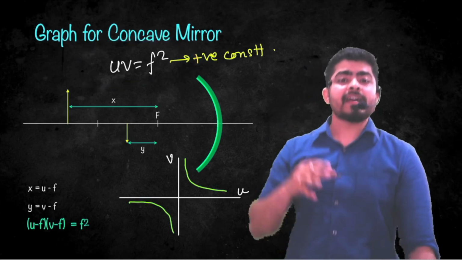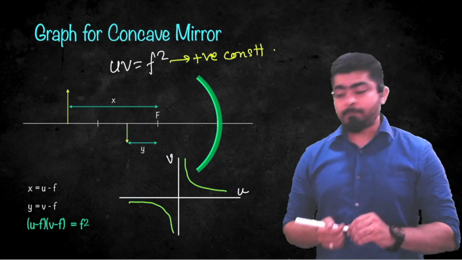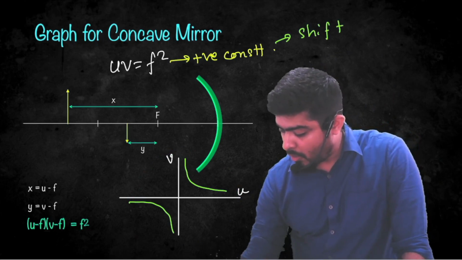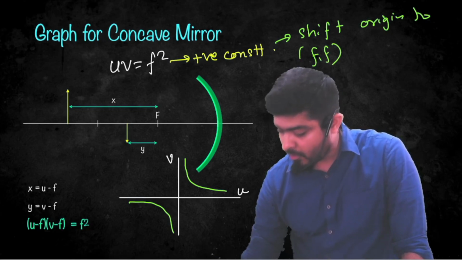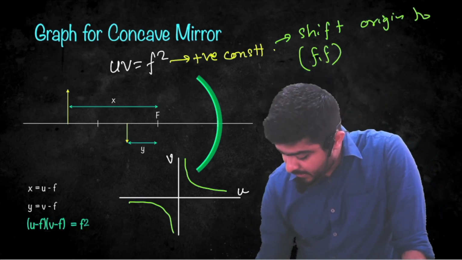Now suppose I want to shift the origin for this graph to the point f comma f. So shift origin to f comma f. Okay, so in that case what will happen?